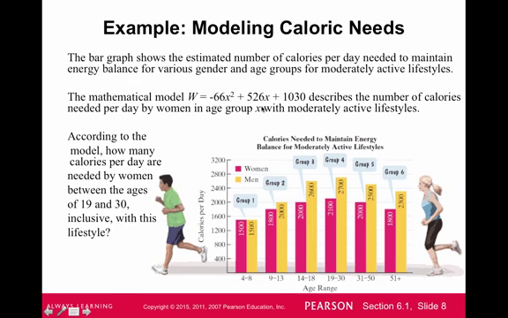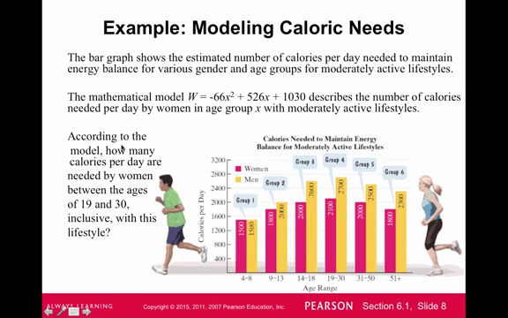So here's an example. The bar graph shows the estimated number of calories per day needed to maintain energy balance for various gender and age groups for moderately active lifestyles. The mathematical model W equals negative 66x squared plus 526x plus 1030 describes the number of calories needed per day by women in age group x with moderately active lifestyles.